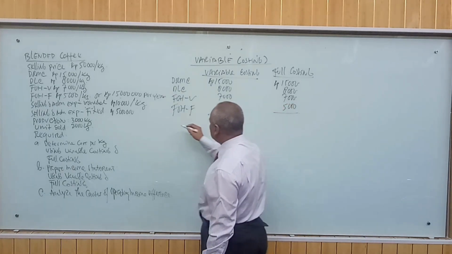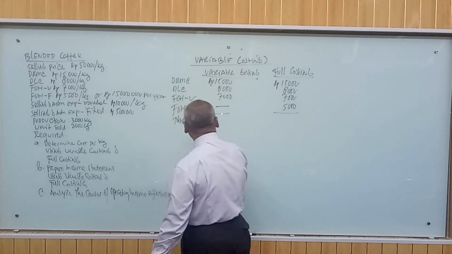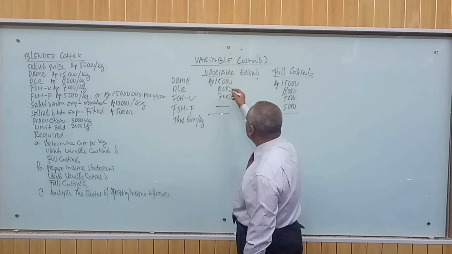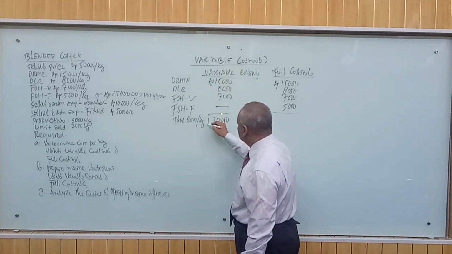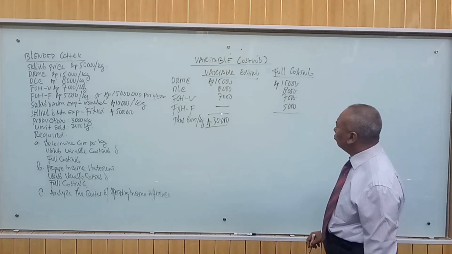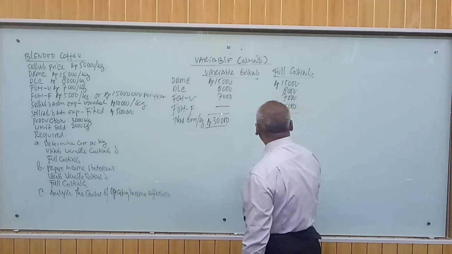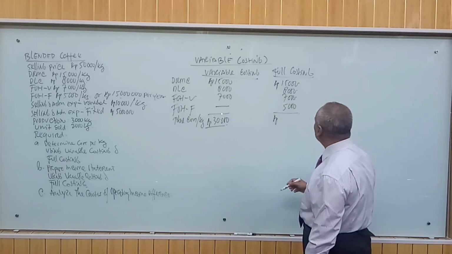So the total cost per kg will be 30,000 for variable costing and 35,000 for full costing.